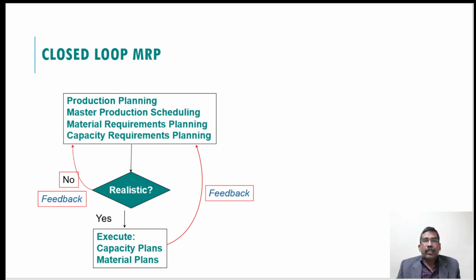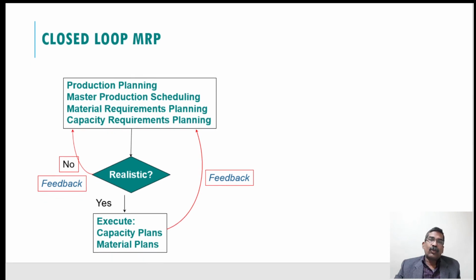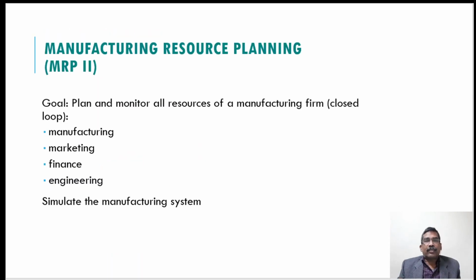The closed loop MRP is a system in which there is a feedback system, that is the closed loop. This feedback is given from the output of the MRP system. Basically this feedback is given to production planning, master production schedule, material requirements planning, capacity requirement planning, etc. So this is just like a feedback. And another thing, that is MRP2. MRP2 is nothing but manufacturing resource planning.